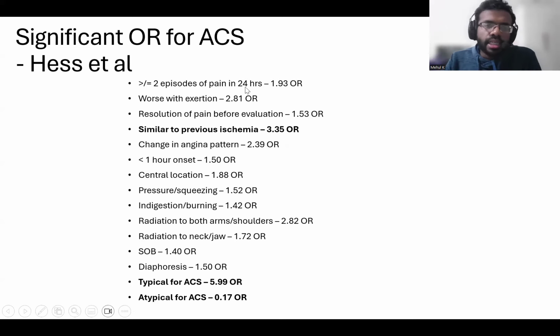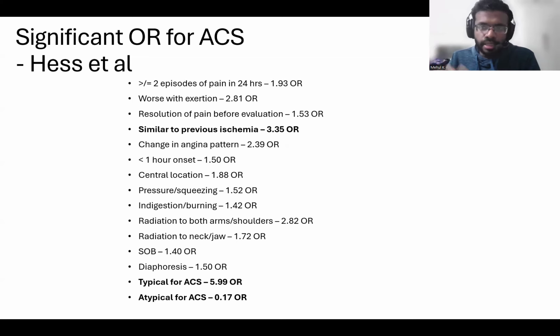Worse with exertion does not change it by that much. Odds ratio is around 2.1. On the whole, if you take everything together and you feel it's typical for ACS, that is significant. And if it is atypical for ACS, that is also significant. So one particular point in isolation is not that useful, but taking all things together might give you a good idea of whether the patient is at high or low risk for ACS.